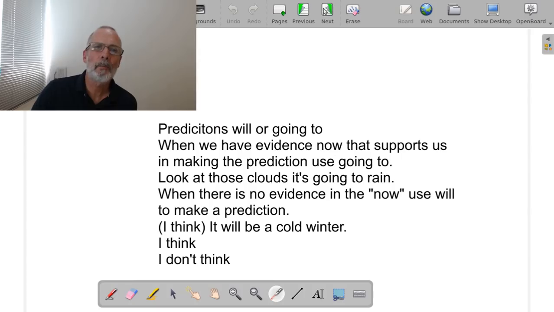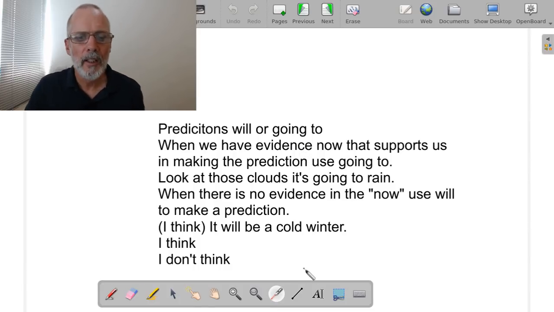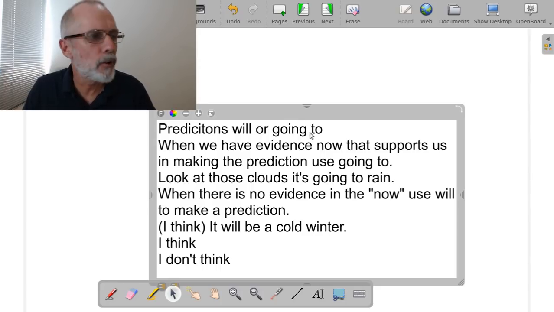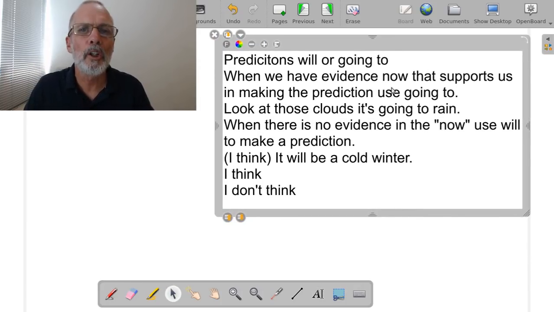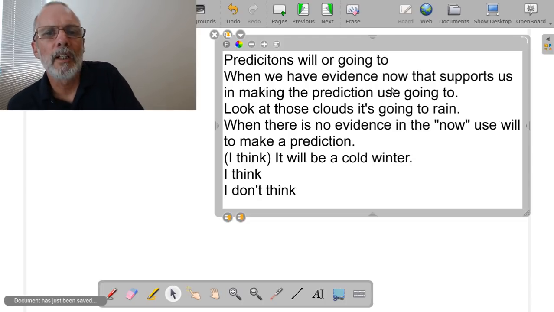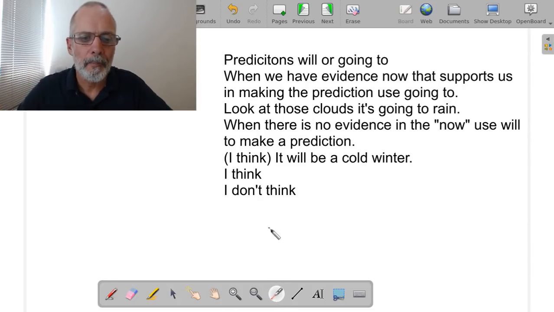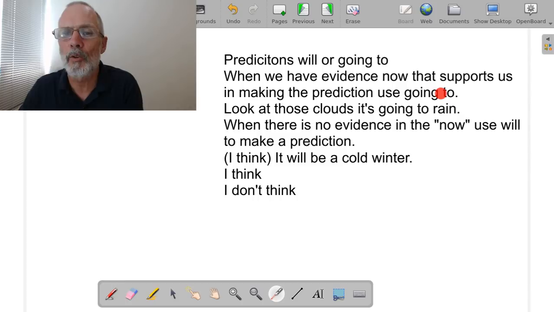Let's look on the next page. We also saw at the beginning of the class that we can use going to for predictions too. So what's the difference between using will and going to for predictions? Well, the difference is when we have evidence now that supports us in making the prediction, we use going to.